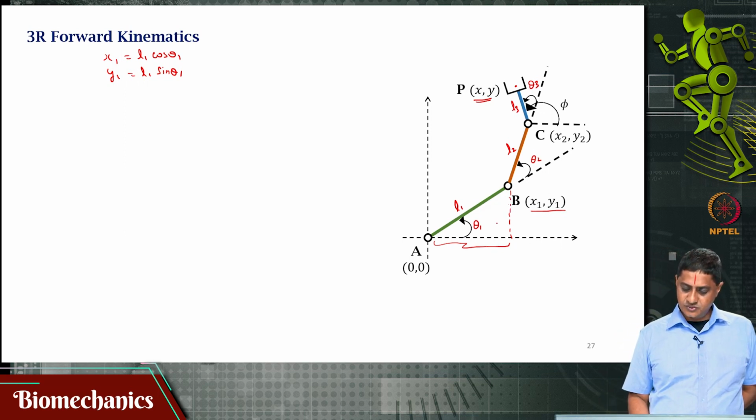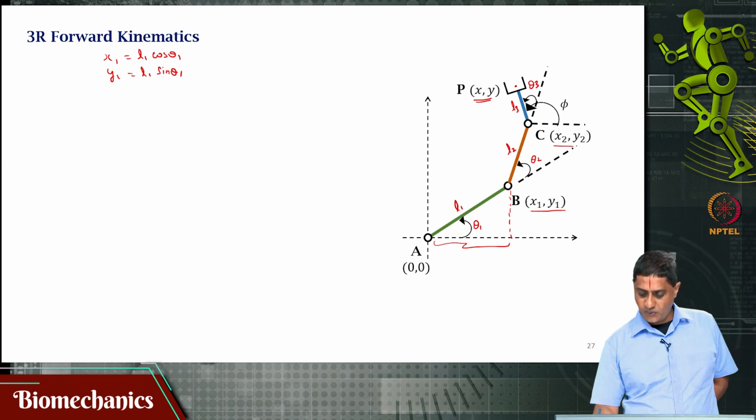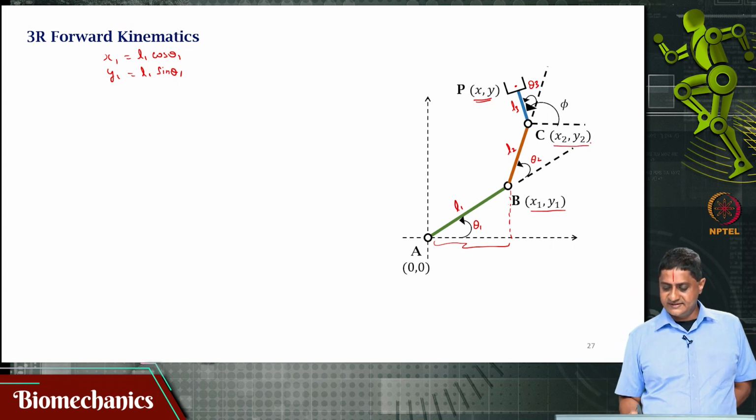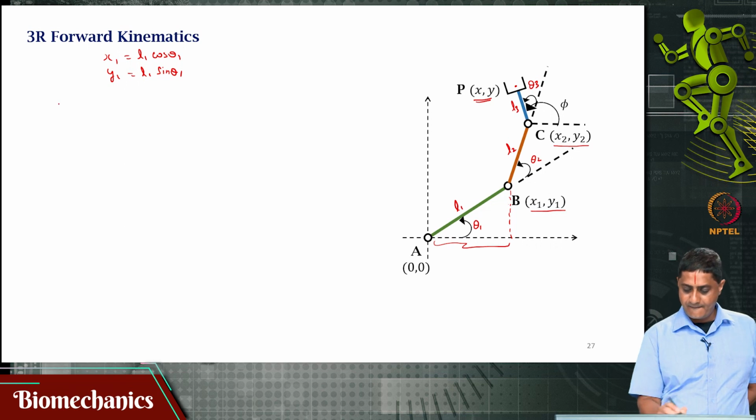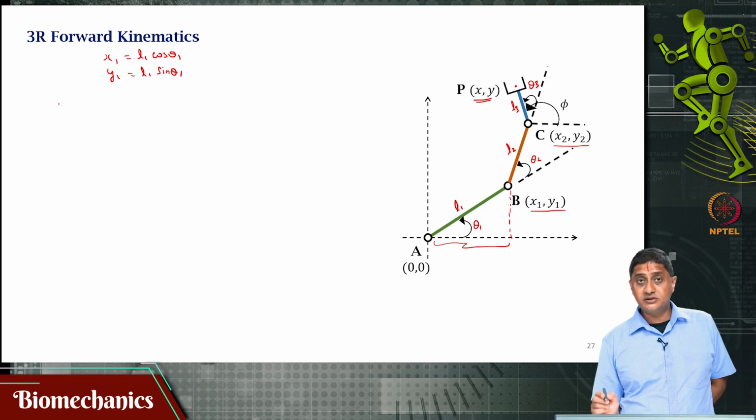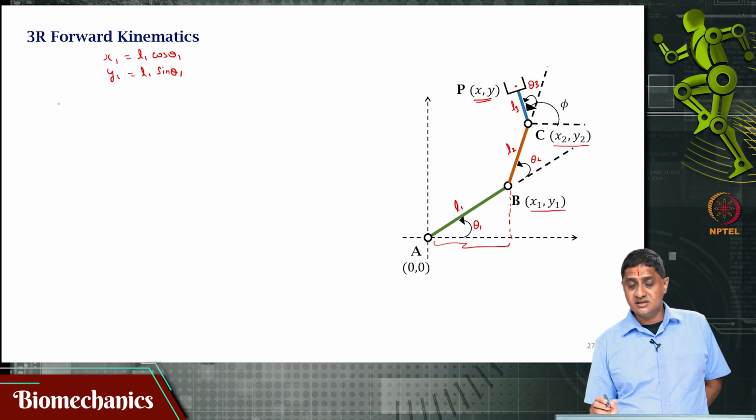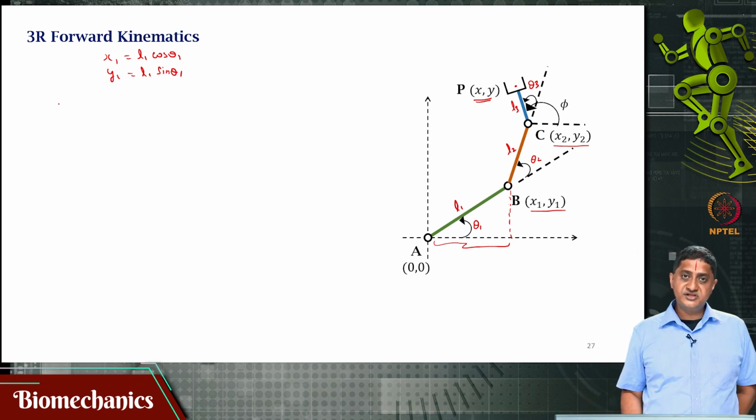What about x2? This is x2. Remember theta 2 is the angle at the joint, rather the joint angle. This is the angle that the link BC is making with AB. So, with respect to the ground, the total angle will be theta 1 plus theta 2. Okay.